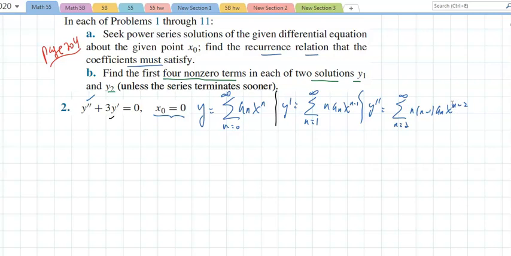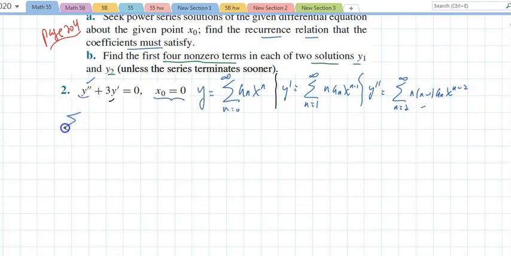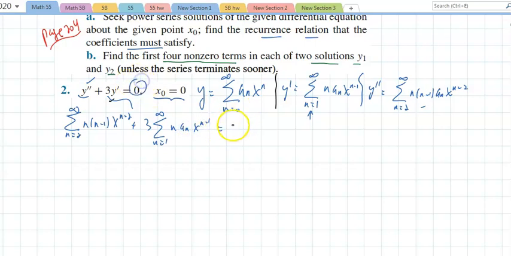And now I'm just going to fit them in. So this is the series n equals 2 to infinity, n times n minus 1, x to the n minus 2, plus 3 times the first derivative, and I want to know where that equals 0.